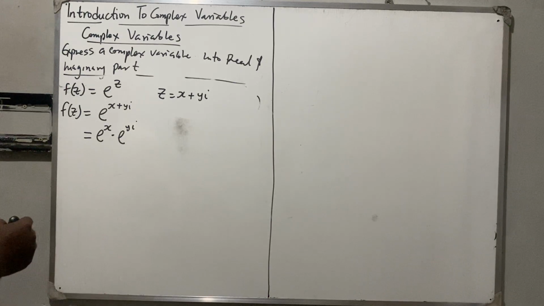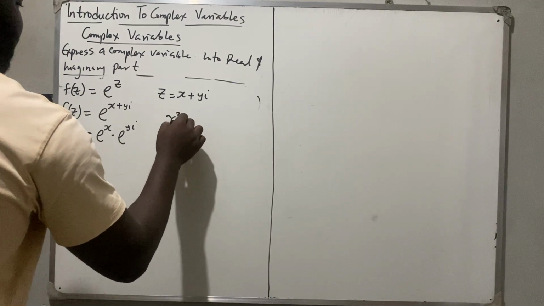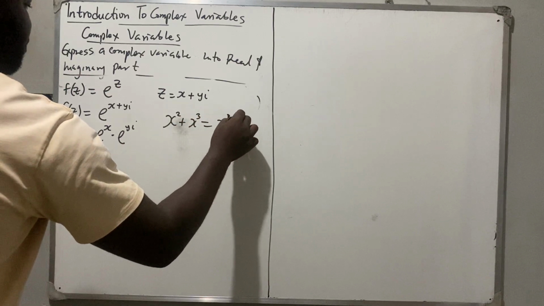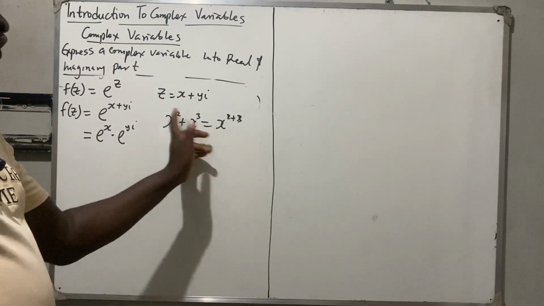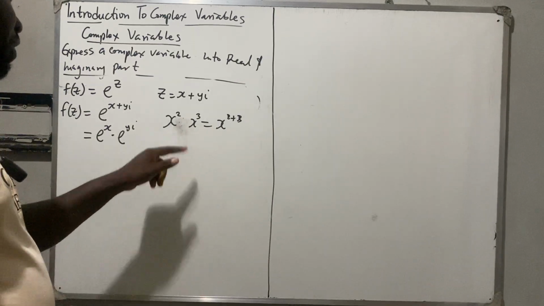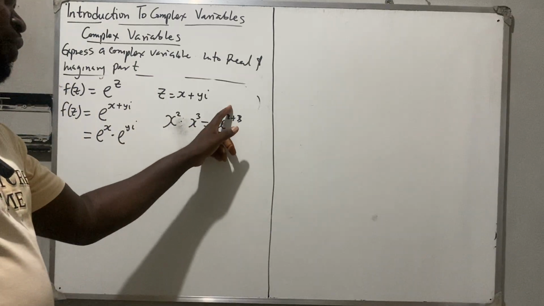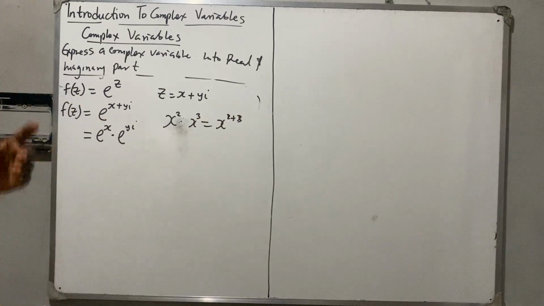Okay, because according to the law of indices, if the bases are the same, we should add the powers. So when you have 2 plus 3, you can change it back to multiplication: the first one raised to power 2, multiplied by the same base raised to power 3. So according to indices.